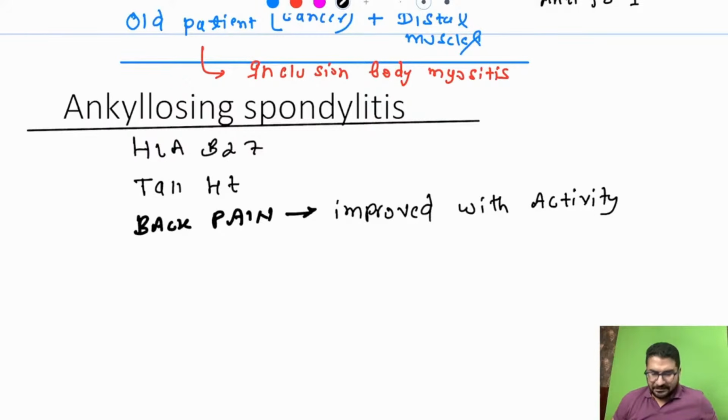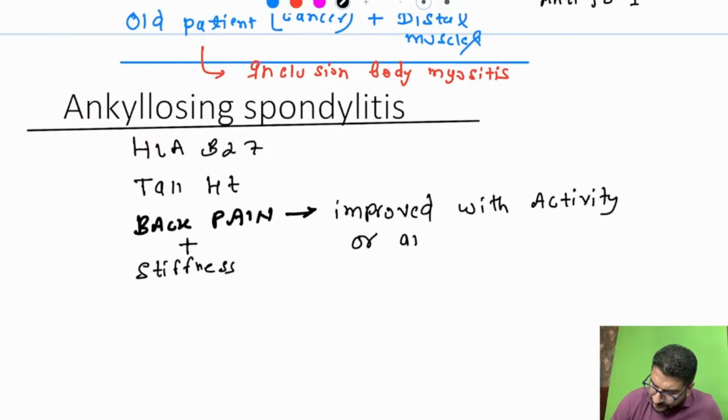So this is early morning backache with stiffness. But this stiffness will improve with activity or after a shower. तो वो बोलेगा नहाने के बाद. अब देखो, नहाने में आप अपनी थोड़ी कमर हिलाओगे, डांस करने के बाद, नहाने के बाद, कुछ काम करने के बाद पेशेंट के सिम्टम इंप्रूव हो जा रहे हैं, राइट.